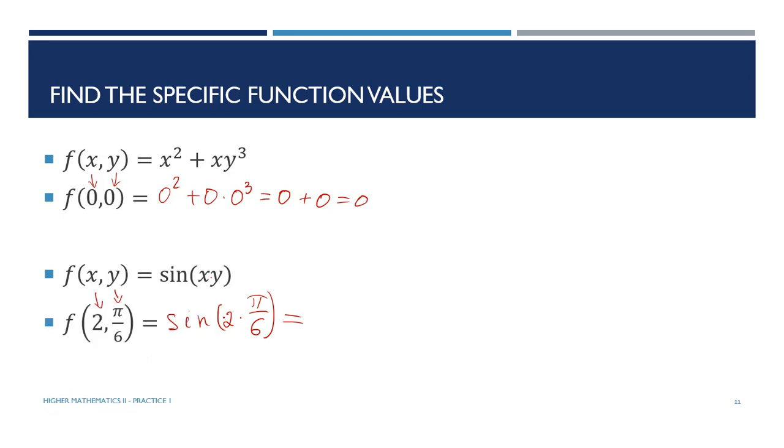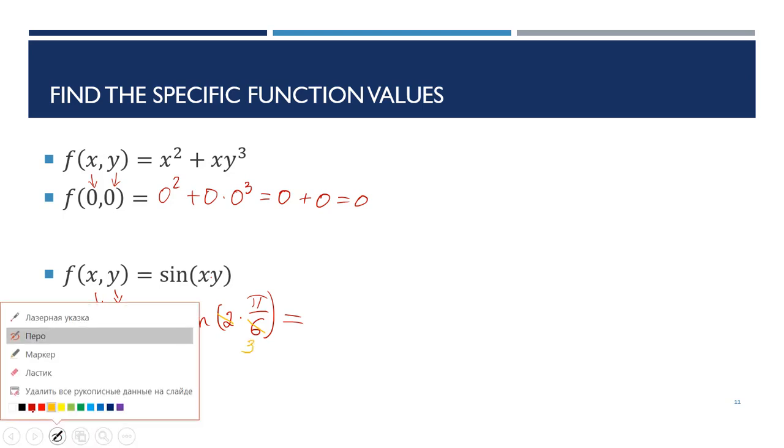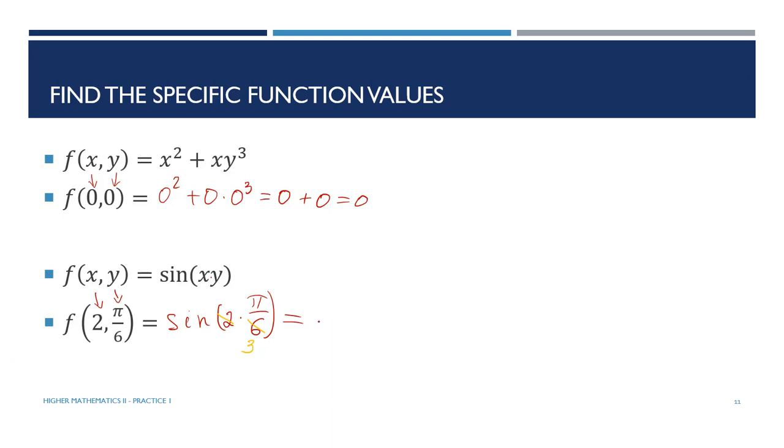I have here 2 and 6. They cancel, and I will get the number 3 in this place. Let me continue. Then I will get sine pi over 3. Sine pi over 3 is 60 degrees. What is the value of sine at 60 degrees? It's less than 1, and I think it's square root of 3 over 2. This is the answer for the second question.